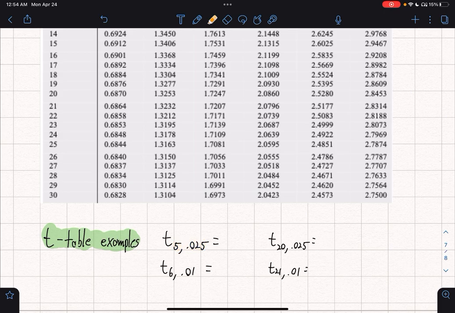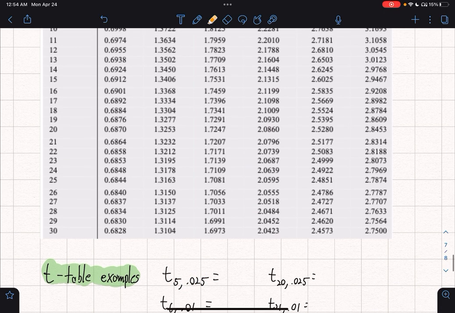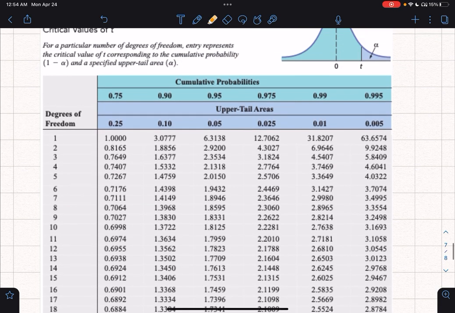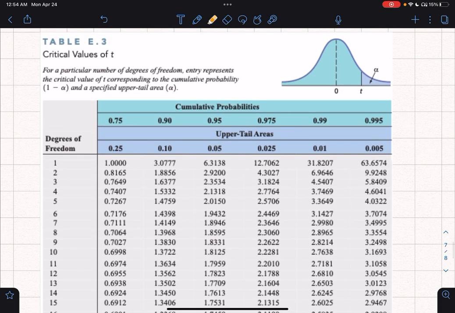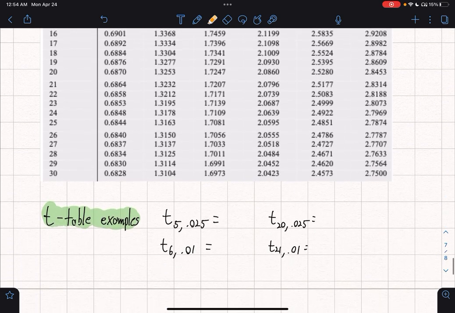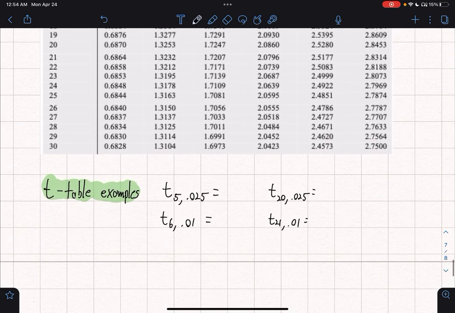I'm saying I want 5 degrees of freedom, so I'm going to use this row, and I wanted 0.025, so I'm going to go down to here, and I'm going to use this value, 2.5706.